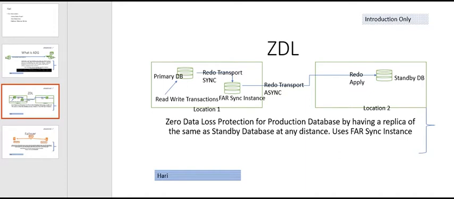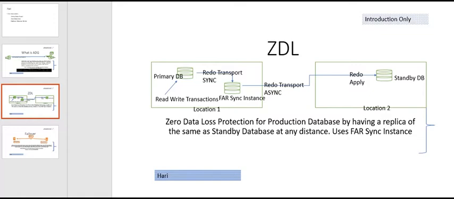The zero data loss protection is a new concept that evolved a few years back, where if Data Guard is set up between two distant locations, on location 1 you have the primary production DB, and on location 2, which is miles away, you have the standby database.